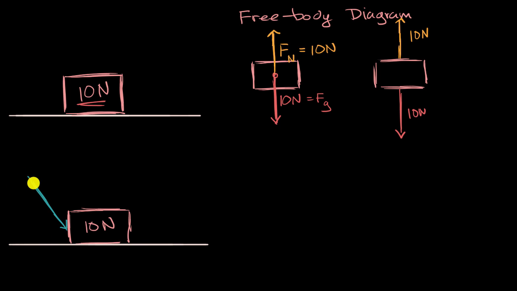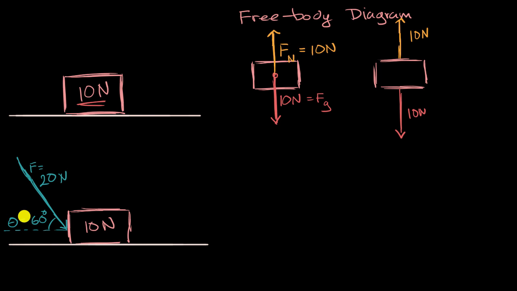And let's say its magnitude is 20 newtons. And just so that we know the direction, this angle right over here, let's say that that is 60 degrees. I'll say theta is equal to 60 degrees. The magnitude of this force is equal to 20 newtons.